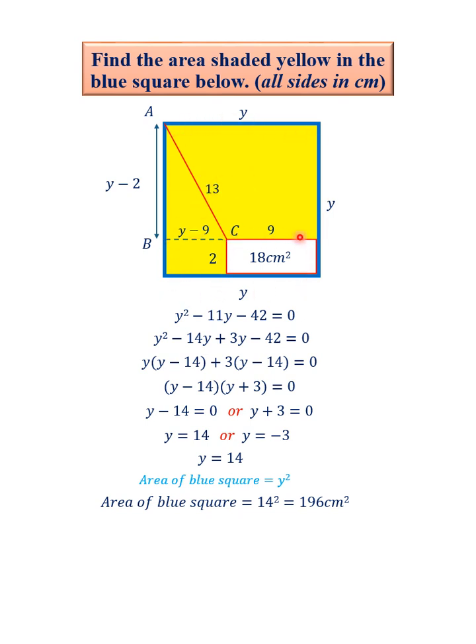This little bit here is 18. It therefore means that the area shaded yellow will be 196 minus 18, which gives us our final answer as 178 centimeter squared. Now you can see that it's very interesting, and it's also simple, but it's interesting.